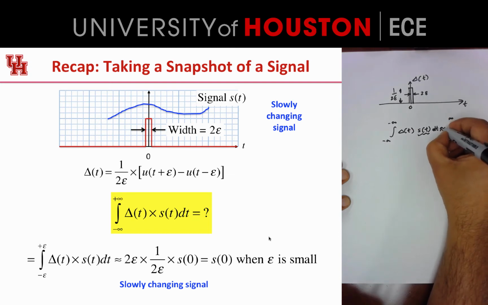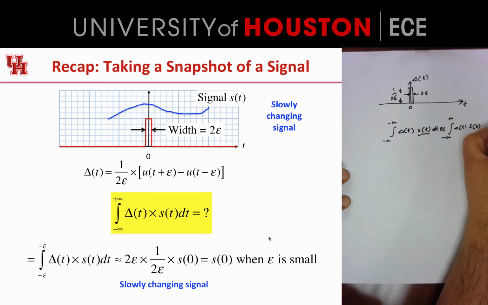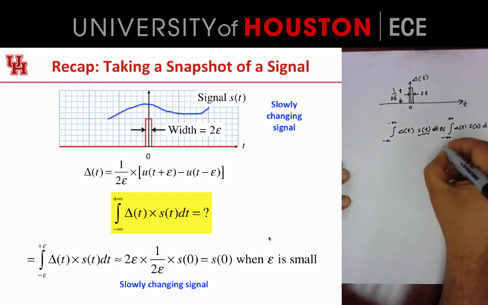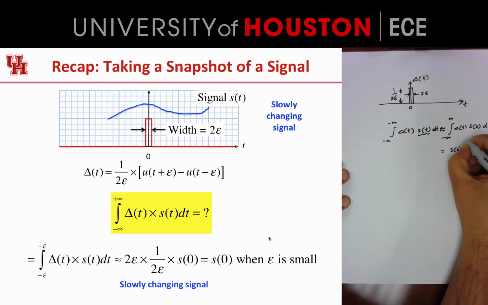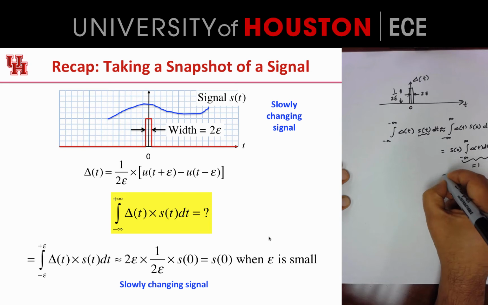This is approximately the same as s of 0 dt. So s of 0 comes outside, you go from minus infinity to infinity, delta of t dt, and we know this to be 1. So this is equal to s of 0.